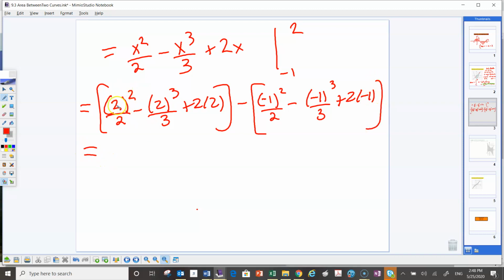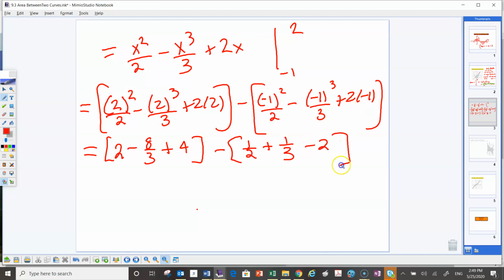So working this part out, I get 2 squared is 4 over 2 is going to be 2 minus 8 over 3 plus 4 minus, this becomes positive 1/2. This becomes a negative 1/3 times a negative is a positive 1/3, and that becomes a negative 2.